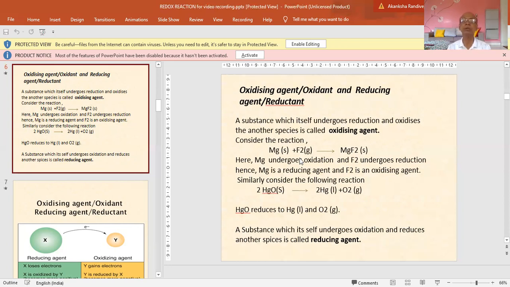So reduction of Hg takes place. So HgO is converted into Hg and oxygen. With the help of these examples, we can define a reducing agent. It can be defined as a substance which itself undergoes oxidation and reduces another species is called a reducing agent.